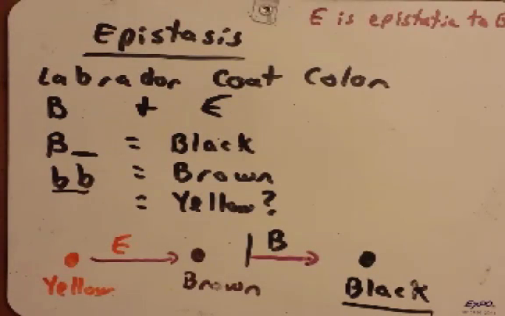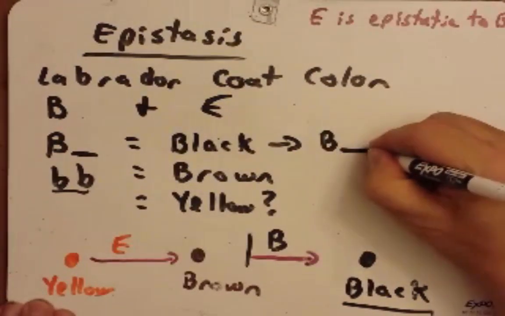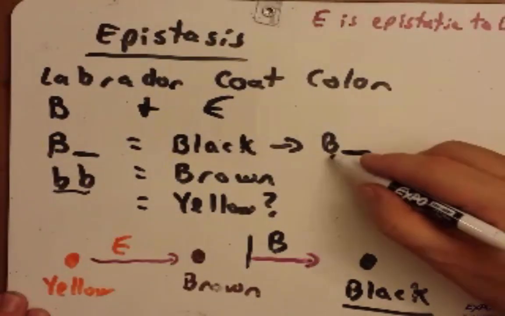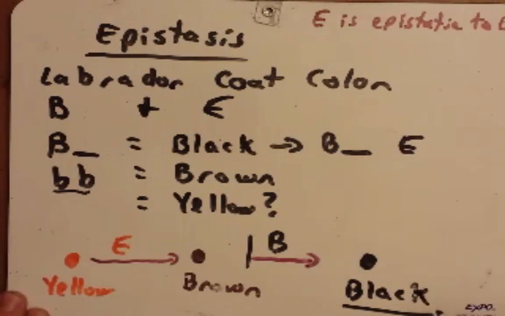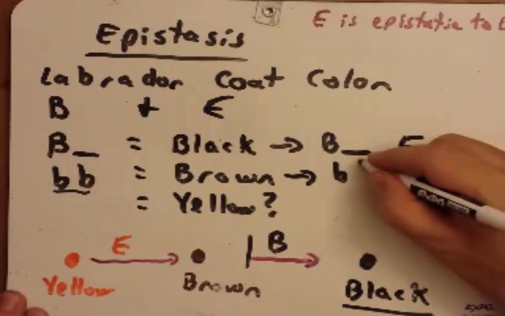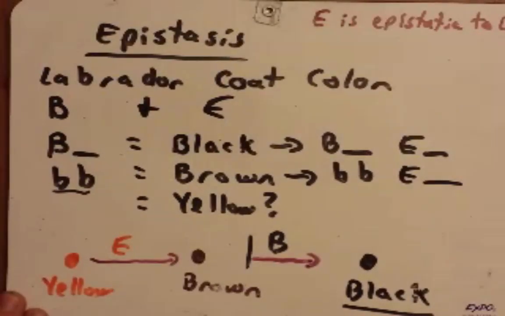We know a black dog, as I say over here, is big B and either another big B or a little b. But it turns out in order for it to be big B, it also has to be big E. It could also be little e, doesn't matter what the other one is. To be brown, you have to be little b, but you also have to be big E. Because if you're not big E, if you're not changing this yellow pigment into brown, you're never going to make brown.